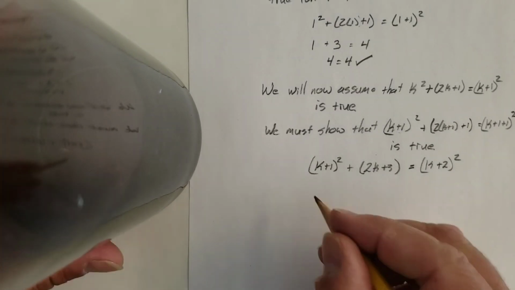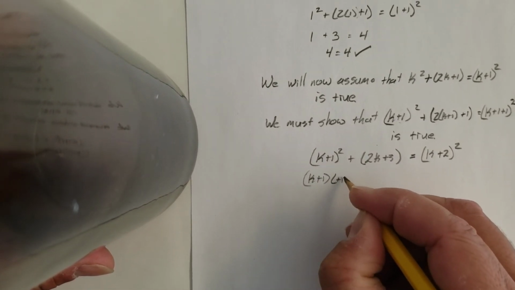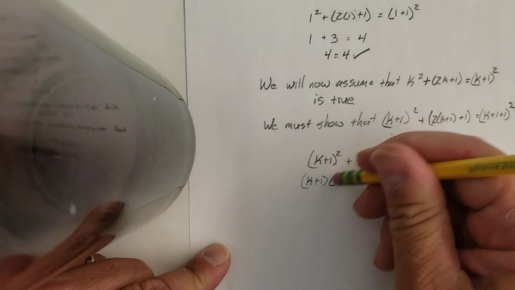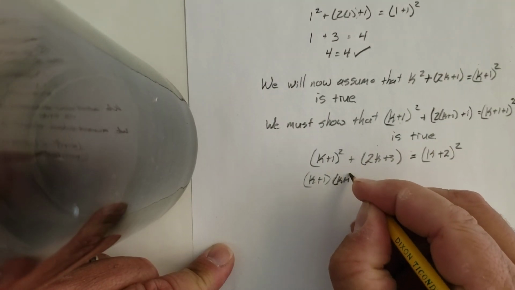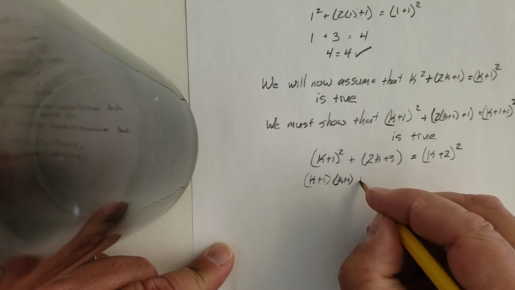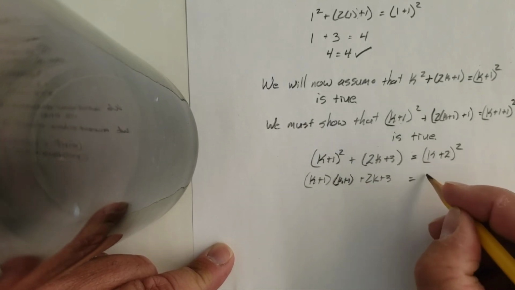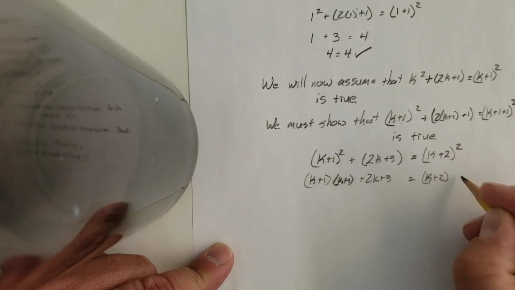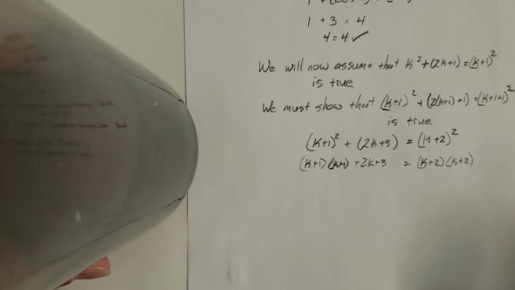Okay? Now, k plus 1 times k plus 1 plus 2k plus 3 equals k plus 2 times k plus 2. I just expanded the squares to make this a little easier.